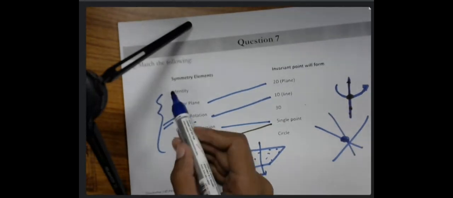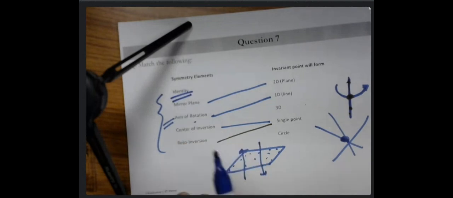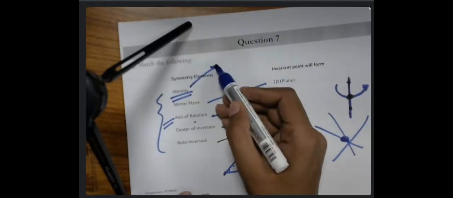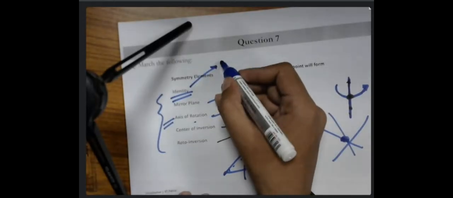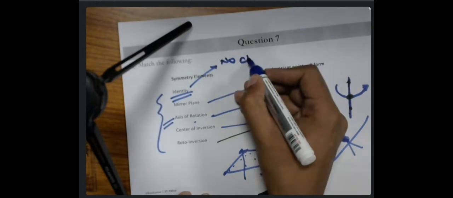And in the case of identity, it changes nothing. Identity is no operation itself, no changes. Everything remains as it is.